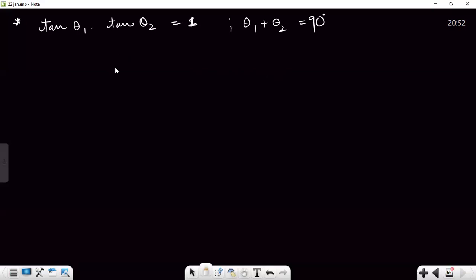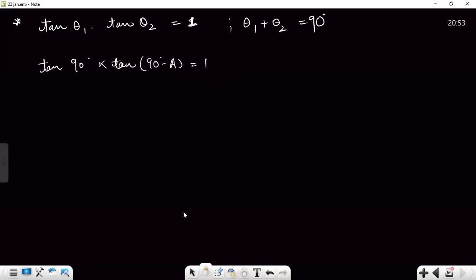Another way to put it is that theta 2 is equal to 90 minus theta 1. So another way to write it is tan of A into tan of 90 minus A.